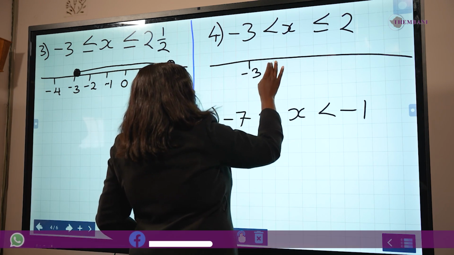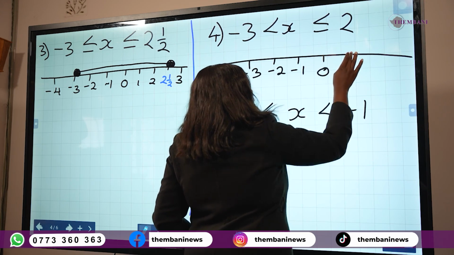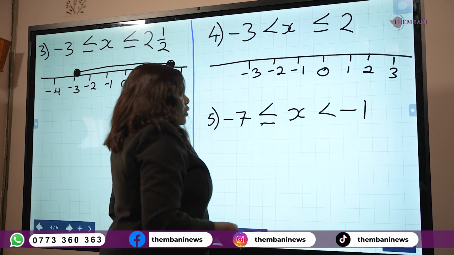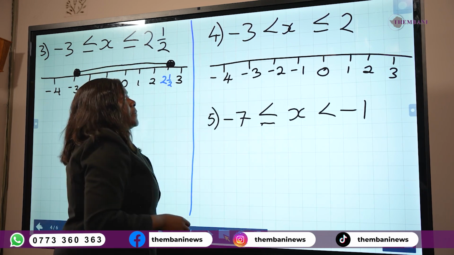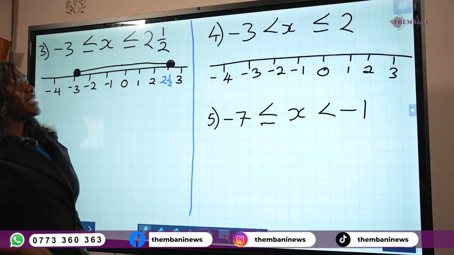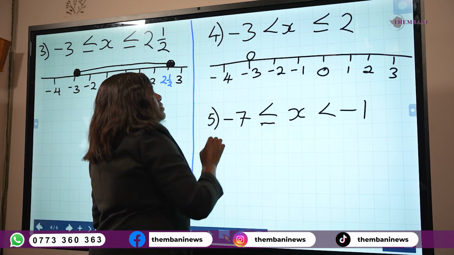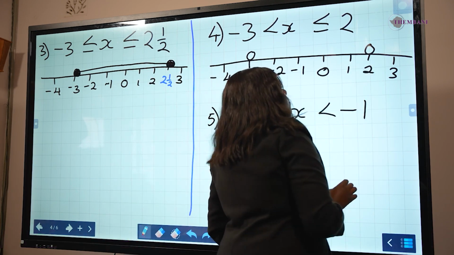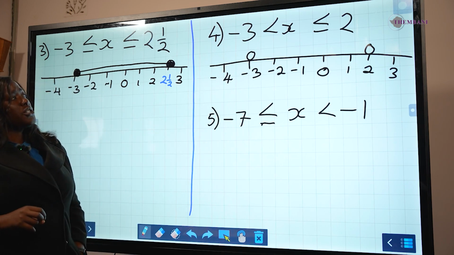So if I have a -3, I have a -2, -1, 0, 1, 2. I'm just going to put a 3 there, and I'm going to put a -4 here. After doing that, I'm going to put a small circle on -3, which is my focus number, and also I'm going to put a small circle on +2, which is also another focus number of that simultaneous solution.